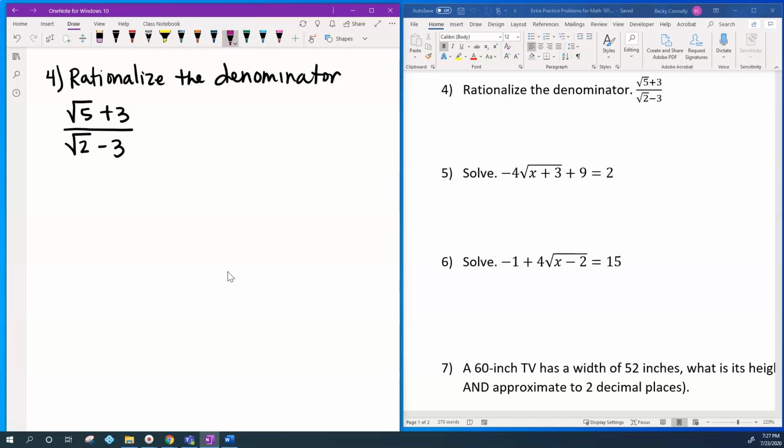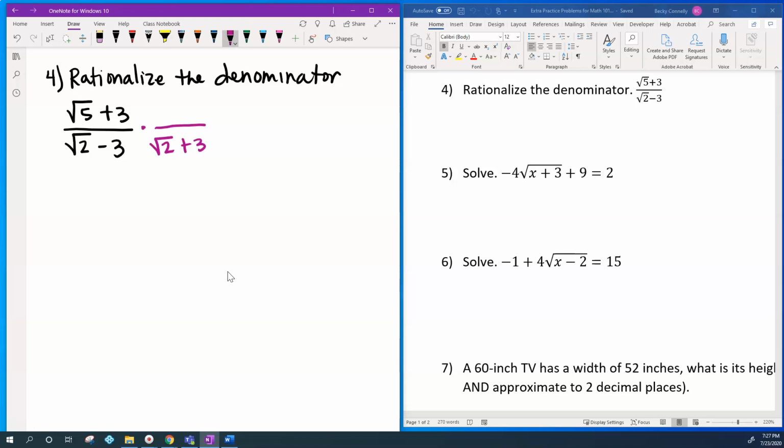Multiply by the conjugate. Yeah, okay. Melissa said that too in the chat. Awesome. All right, what would the conjugate be? Square root 2 plus 3. Yeah. All right, you're looking at the bottom. That's going to tell you what you need, and you're basically just changing it. If it's a subtract, you're changing it to add. If it was an add, we change it to subtract.